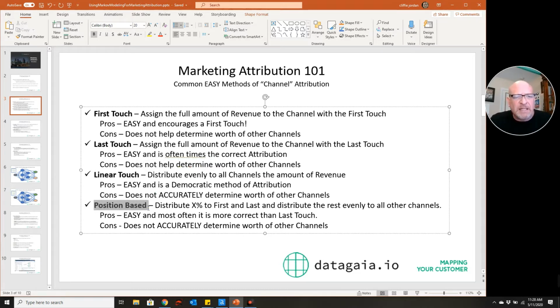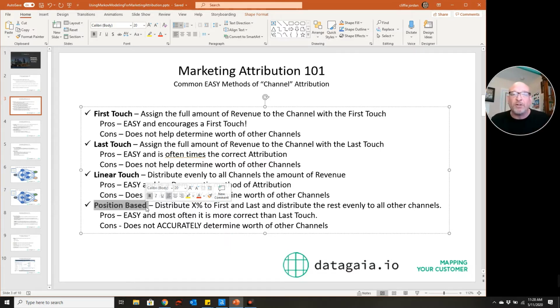The next one is what we call position-based. This is typically done where you award most of your attribution to the first touch because it generated the interest. You also award the same amount to the last, because the last is usually what pushed them over the edge. Then all the touches in between are evenly divided.